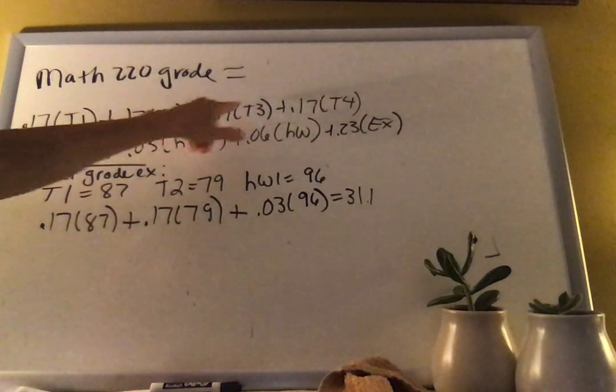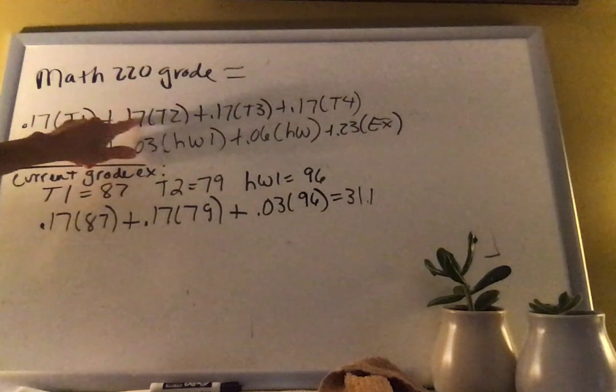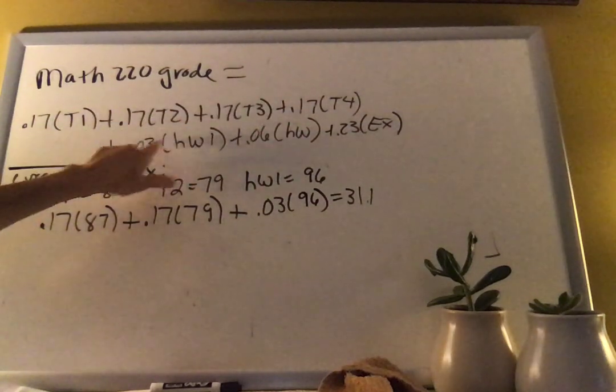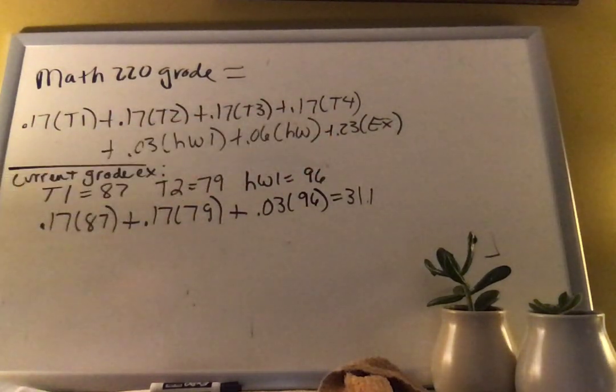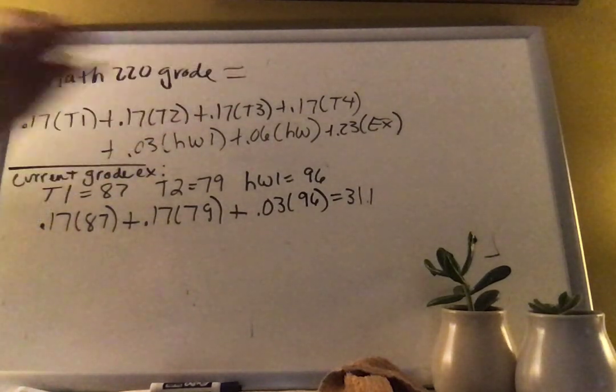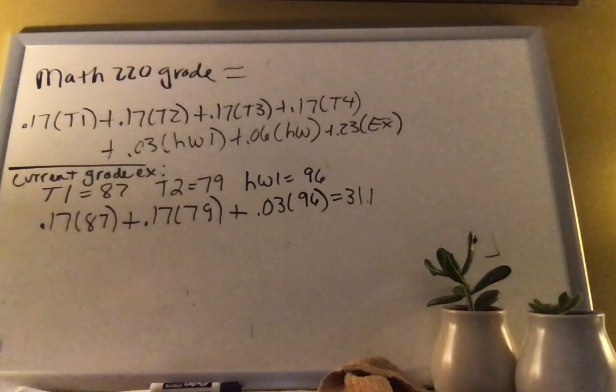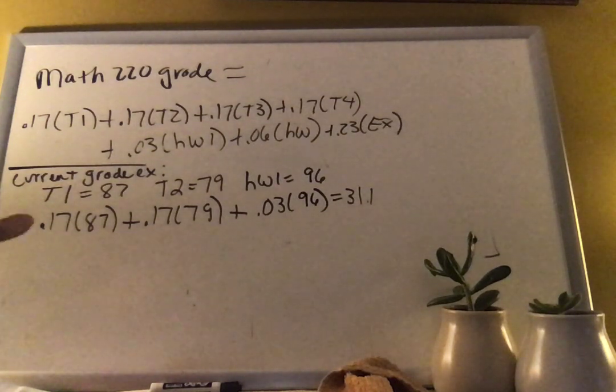So let's go back up here, right? All of these weights in the original formula I gave you add to the number 1 because it's representing the unit whole. So I didn't need to divide by 1. Remember when we were doing the in-class problems and I showed you how you should be able to add up the weights and that should be your denominator?